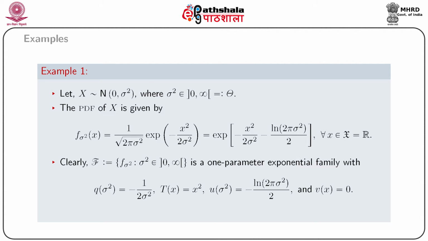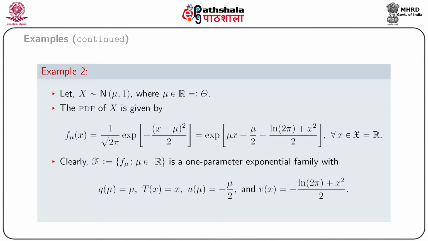This is a one parameter exponential family with q sigma square equals minus 1 by 2 sigma square, t x equals x square, u sigma square equals minus log 2 pi sigma square whole divided by 2, and v x equals 0.